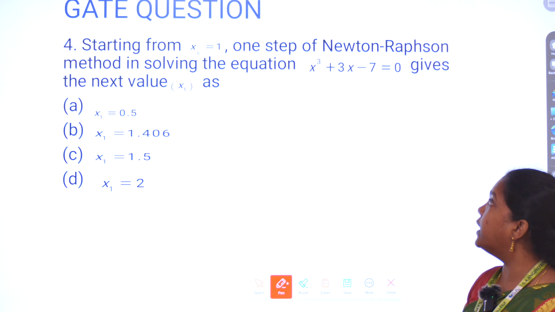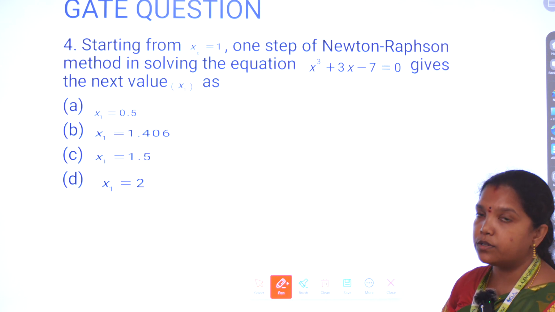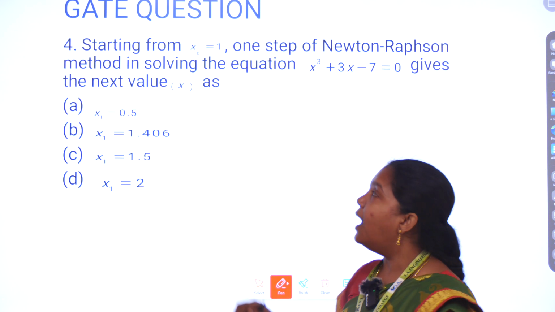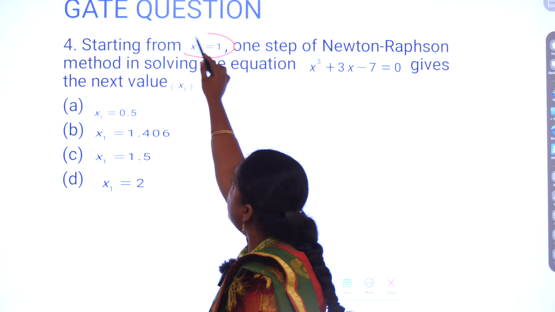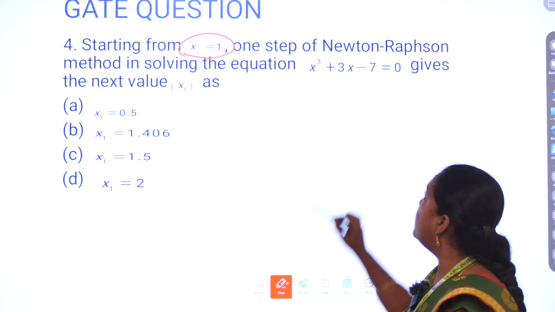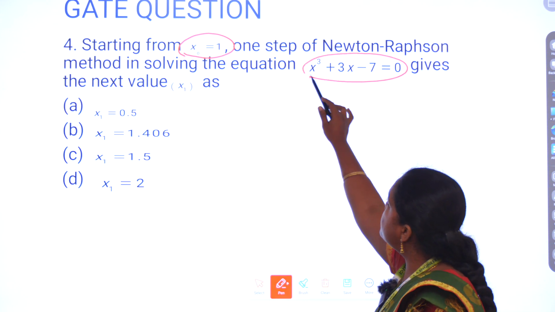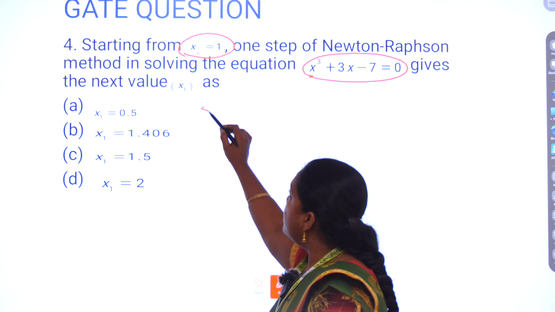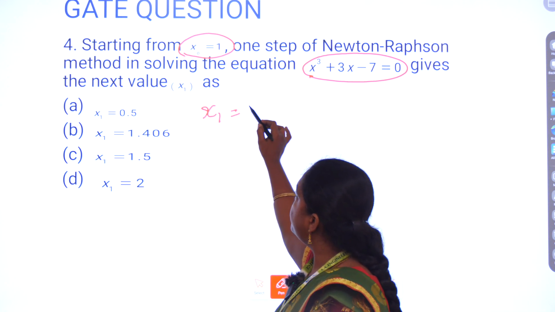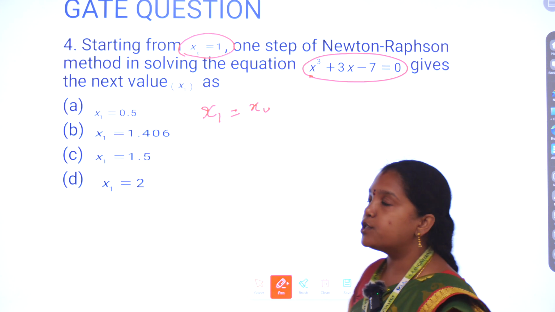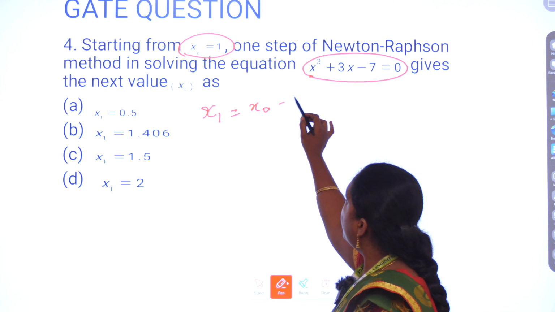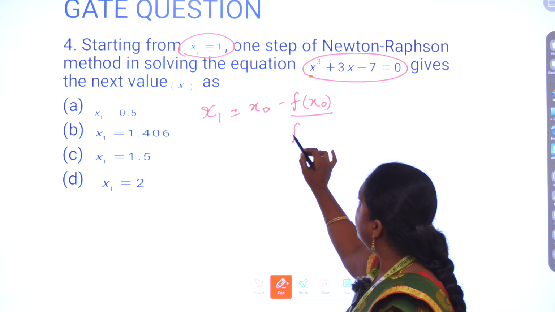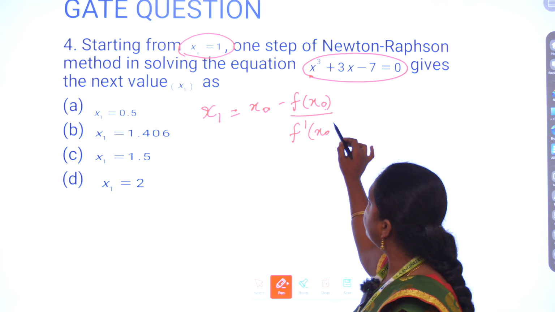So they ask us to find the next iteration, that is the next approximation root using the Newton-Raphson method, and they have given the initial root to be x0 equal to 1 and f of x to be x cube plus 3x minus 7. So we know the next approximation root x1 can be calculated as x0 minus f of x0 divided by f dash of x0.